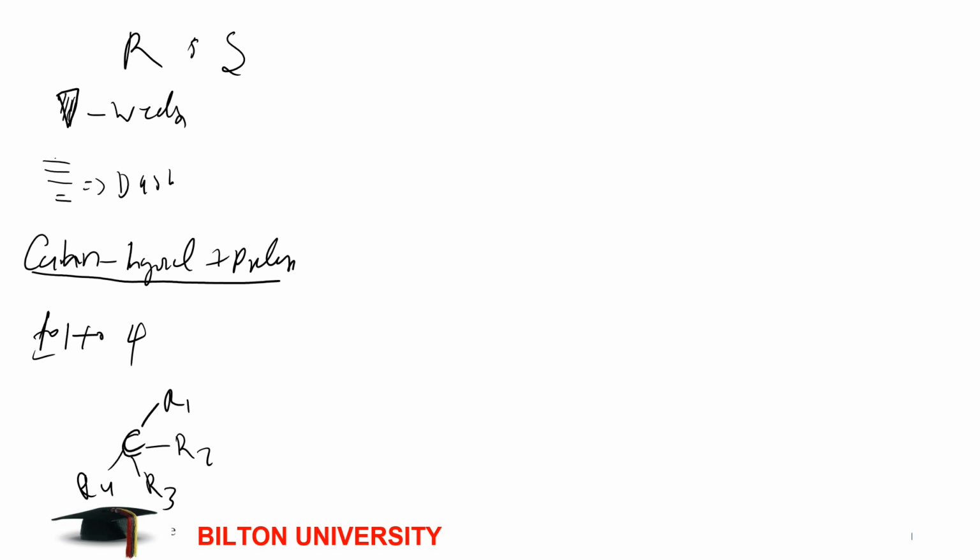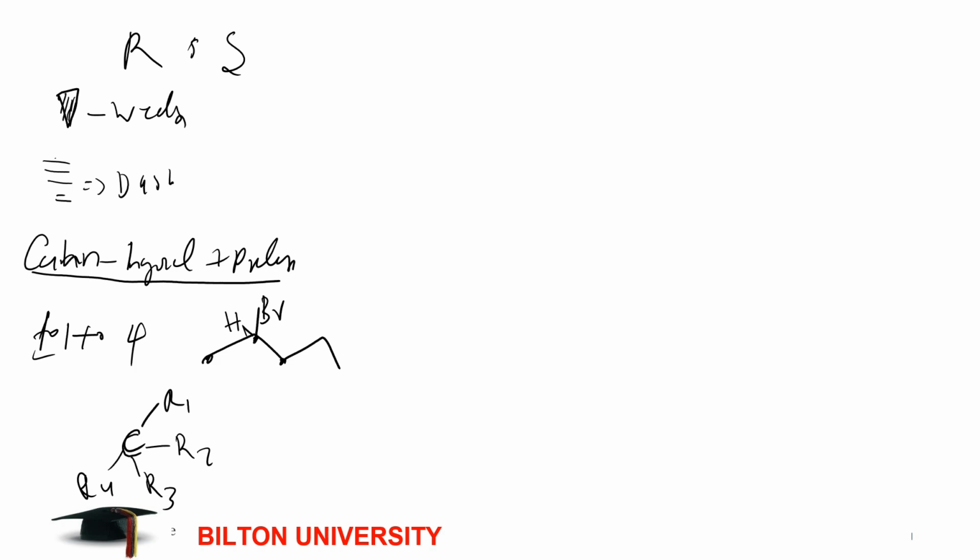The first one, we have said that the atoms directly attached to the chiral center get first priority. So for example, if I have this bromine, this is our chiral center, and this is our hydrogen here.